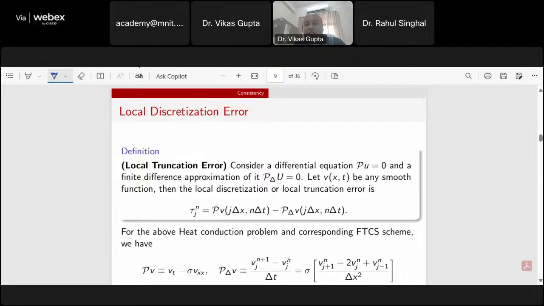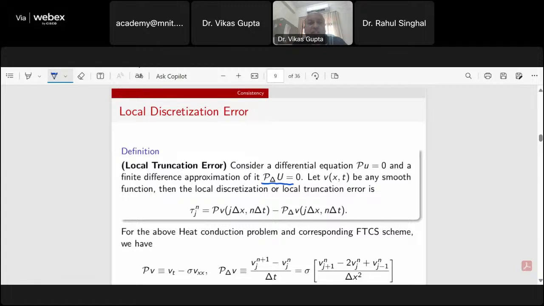Local truncation error is defined in this way. Suppose we have a differential equation Pu equal to 0, and a finite difference approximation of it is given by P_delta u equal to 0, where U is the solution of the finite difference scheme and small u is the analytical solution of the given partial differential equation.